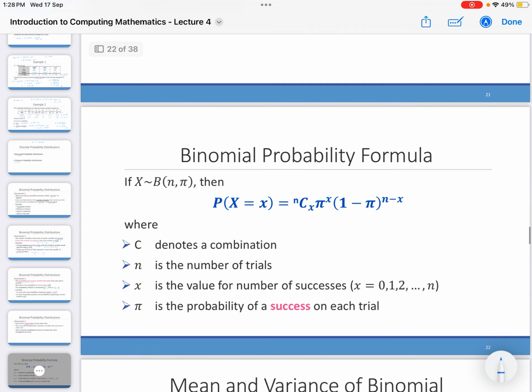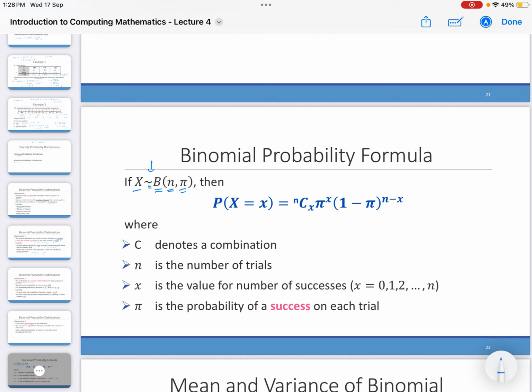So this is the binomial probability formula. Let's say the random variable x has a binomial distribution, so we write it with this symbol, and we use b for binomial. The binomial is characterized by the number of trials n and the probability of success pi, or we can use p.